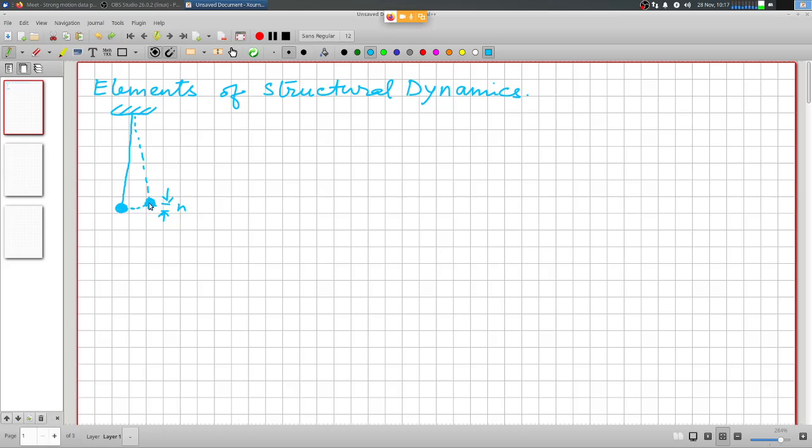So this bob starts its journey downwards, gains momentum, and the entire potential energy gets converted into kinetic energy when it reaches the mean position. At the start, the bob was at rest, so there was no kinetic energy; all energy was in potential form.